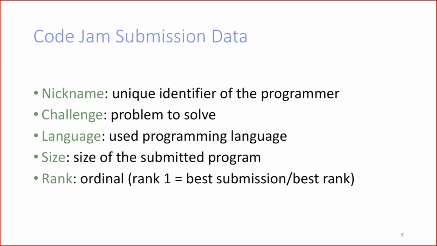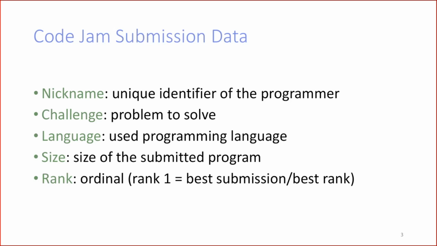For every submission, we know a nickname, which is essentially a unique identifier of the programmer, the participant who wrote that solution; which problem they solved, so the unique identifier for the challenge, since each round of competition has a different challenge; then the programming language they used for the submission; the size, I think in bytes, of the submitted program; the source code of the submitted program; and then finally the rank, which is how that particular submission fared compared to all other submissions in the same round.